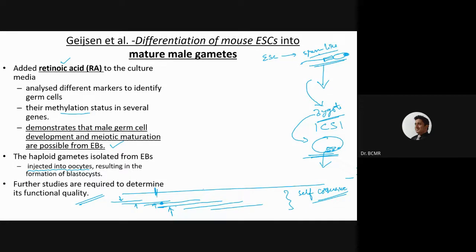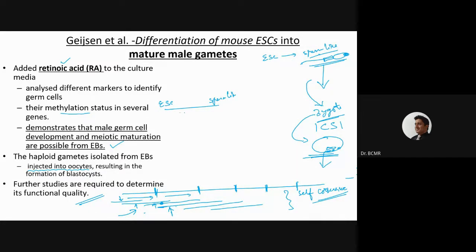There is always a possibility of human error or some form of error, and that is what we have seen. In the previous one, somebody has done from embryonic stem cells to sperm-like cells.